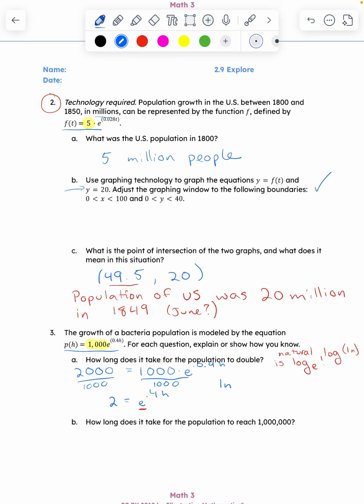The natural log of 2 is 0.4h. And we can solve that.